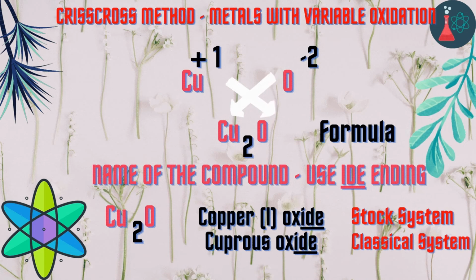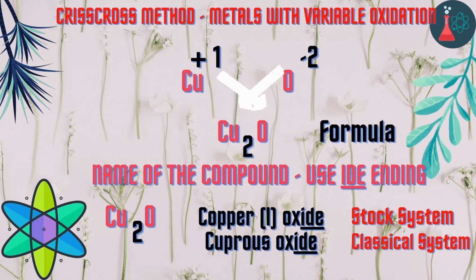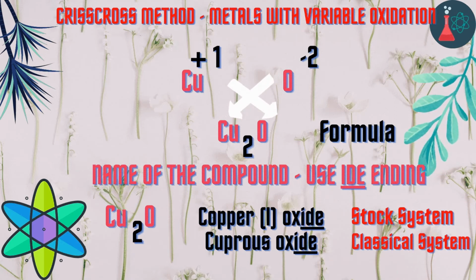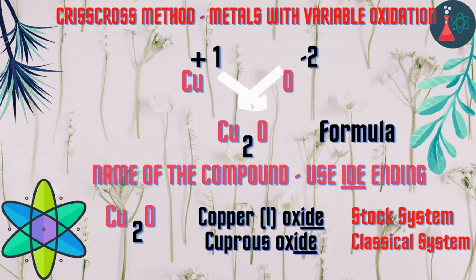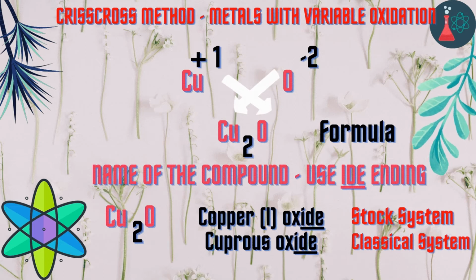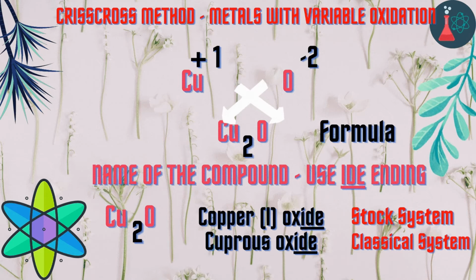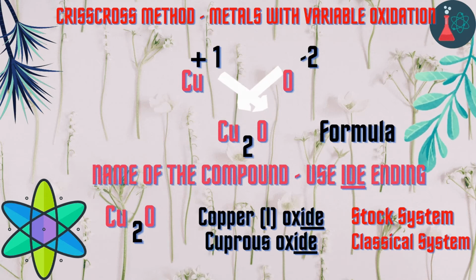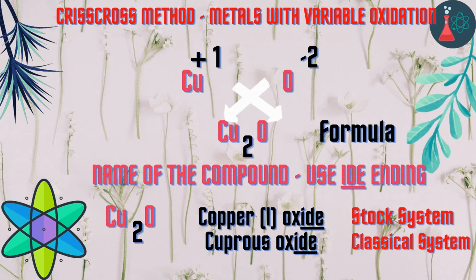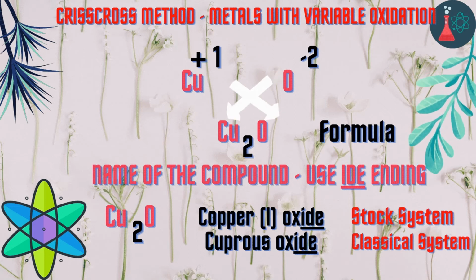So, how are you going to name the compound? Again, you use the IDE ending. Since your formula is Cu2O, there are actually two ways on how you're going to name this example. Since the copper belongs to a metal with variable oxidation number, you can write the correct name using the stock system.